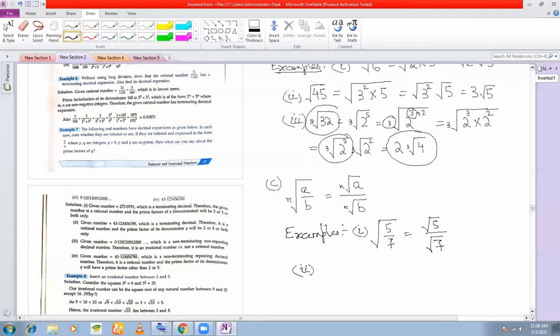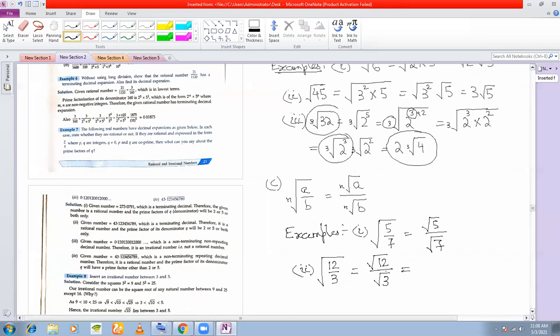Next, if I give you say root over of 12 by 3, you can write this as root 12 divided by root 3.